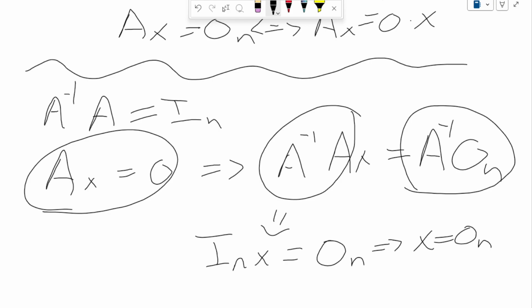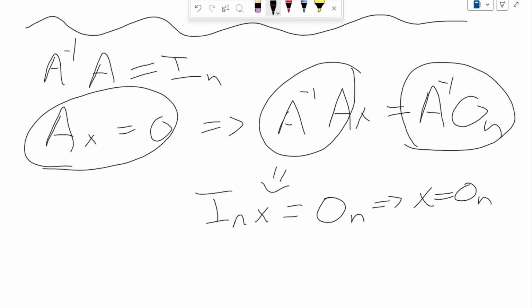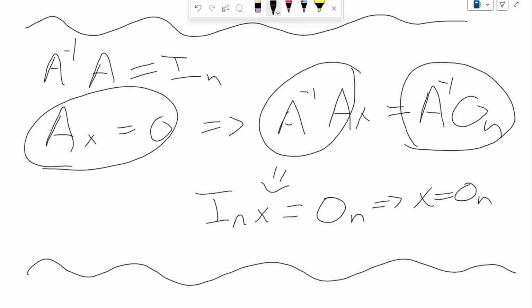And so, if that argument didn't quite land, that's fine. Just believe me that a matrix being invertible means that the only solution to the null space equation is x equals 0.